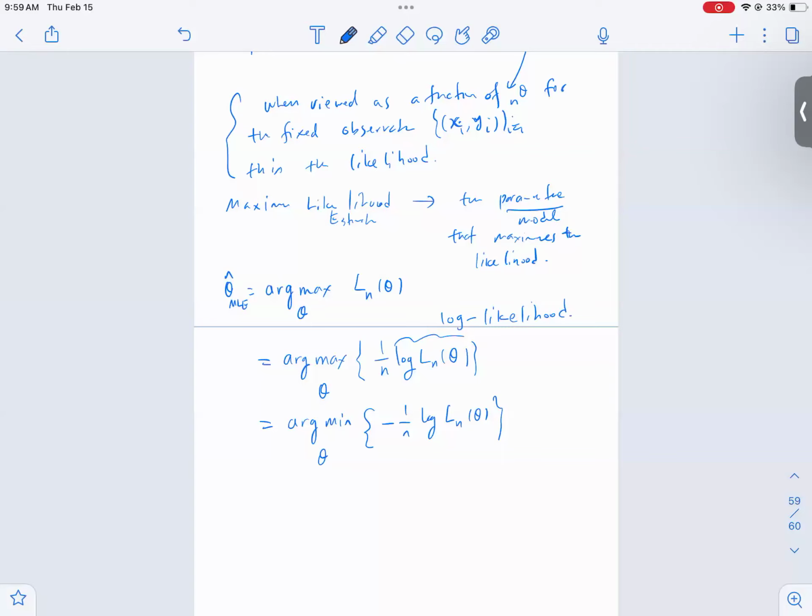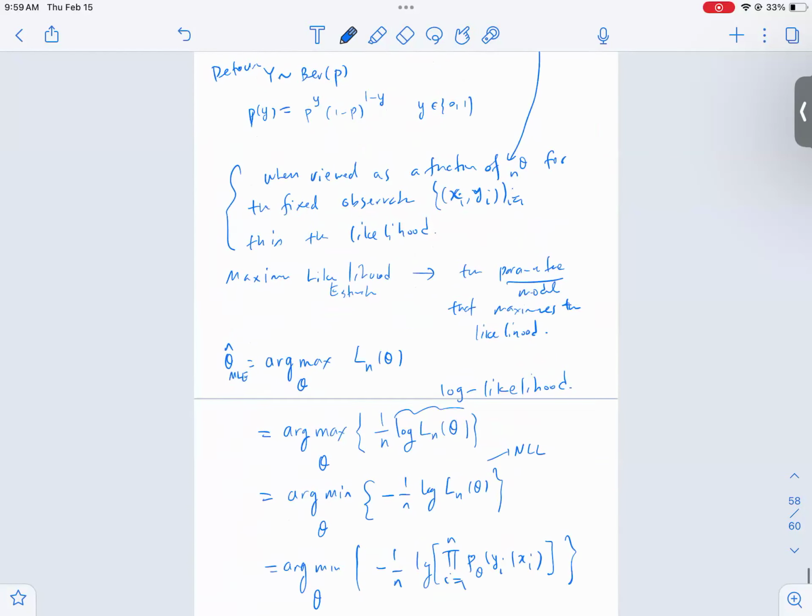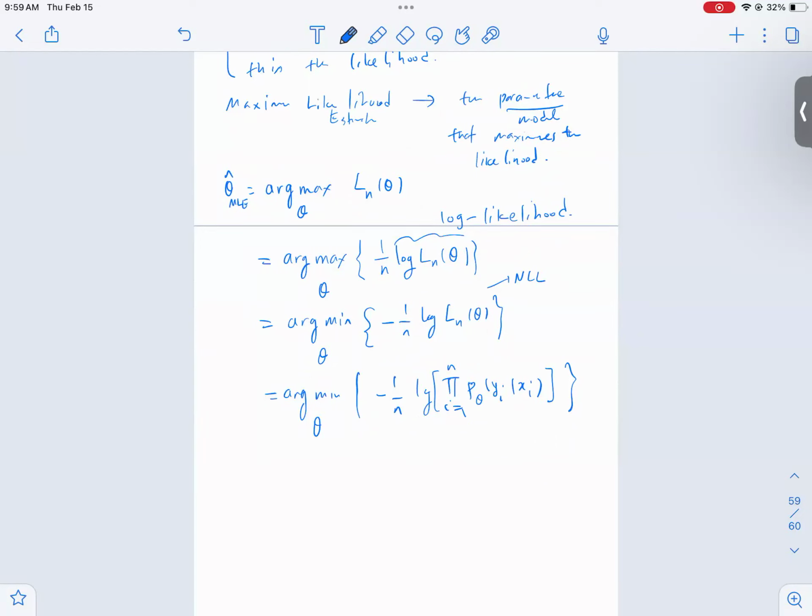And if you look at this, you can see this has the interpretation of a loss. So we're trying to minimize. Okay, so this is called the negative log likelihood, and it's a form of a loss. And if I plug in that product form, which is going to be true for many of these parametric models that we have, things will simplify.